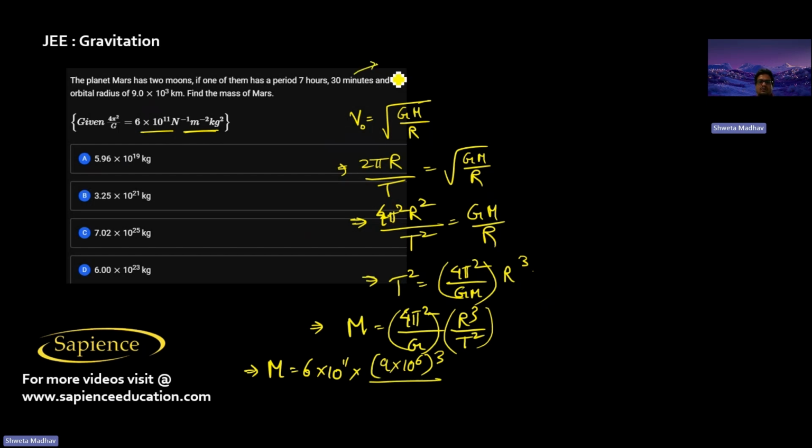We have to convert the time into seconds. So 7 hours plus 30 minutes will be equal to 7 into 3600 seconds plus 30 into 60 seconds. So this will be equal to 7 into 3600 plus 1800 seconds, which is 1800 into 14 plus 1, that is 15. This many seconds.